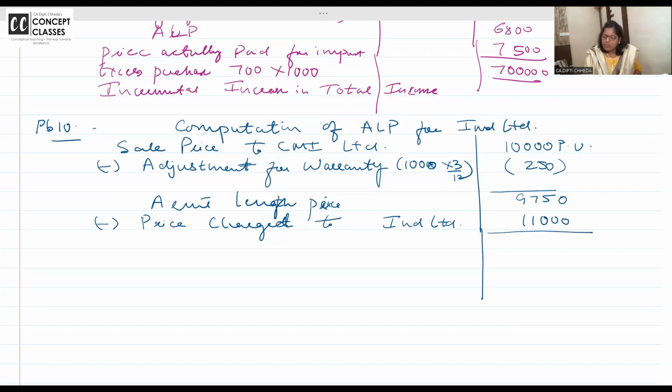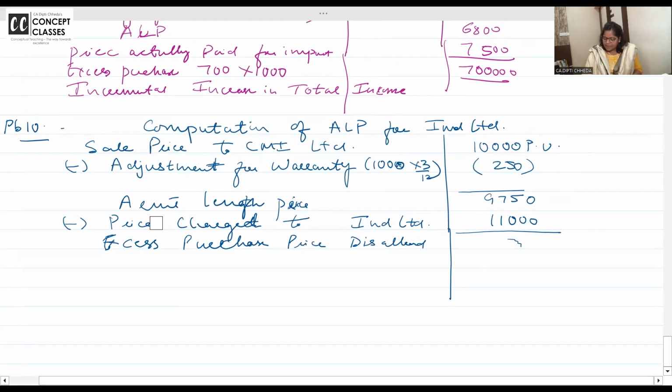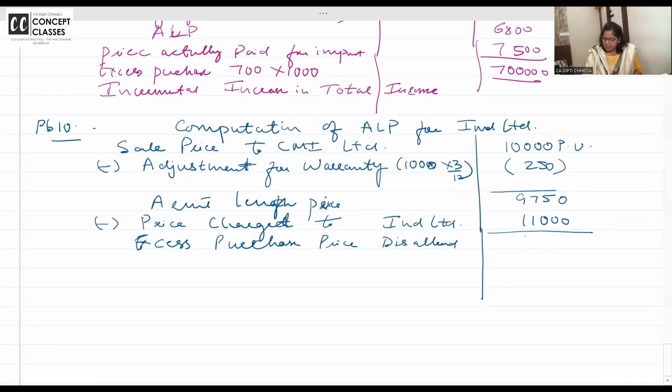So have we overshown our purchases? Yes. Excess purchase price disallowed. Excess purchase price disallowed: 1,250 per unit, right? 1,250 per unit.